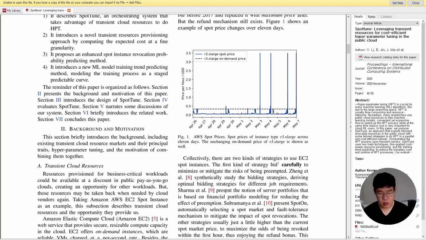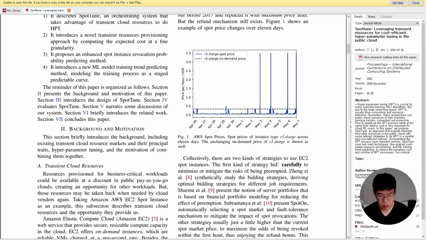Sharma et al. present the notion of sub-portfolios, based on financial portfolio modeling, for reducing the effect of revocation. Samai et al. present SpotTune, which automatically selects a spot market and fault tolerance mechanism to mitigate the impact of spot revocations.